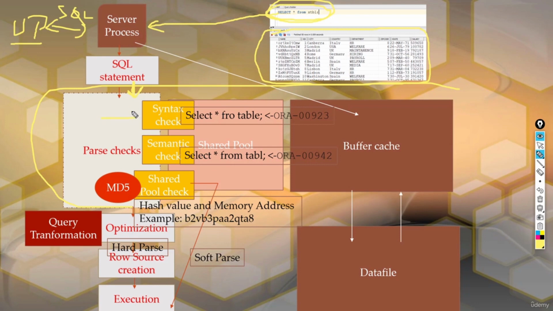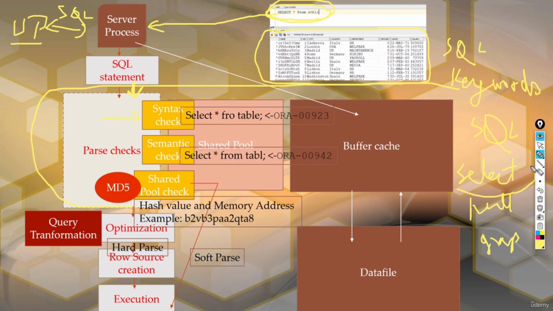So once it enters the shared pool, it checks for the syntax. As we already know, there is a SQL standard for each and every database, right? So for Oracle, there is a SQL standard and there is a set of reserved keywords. We cannot use our own words to communicate with the database, right? So in SQL, instead of select, we cannot use pull, grab, or something like that.